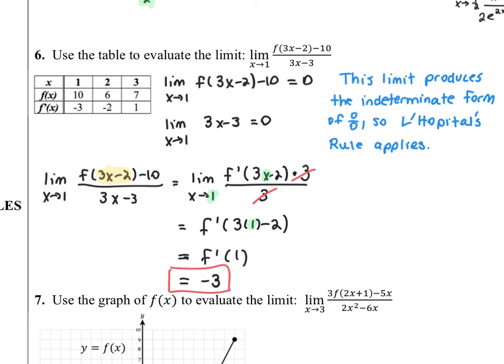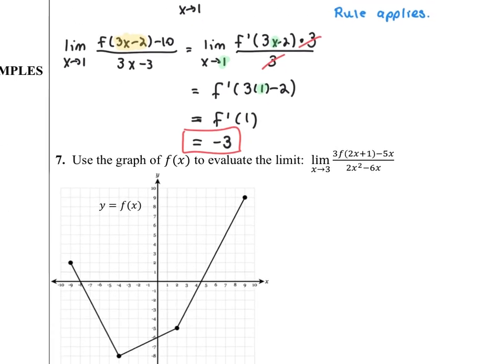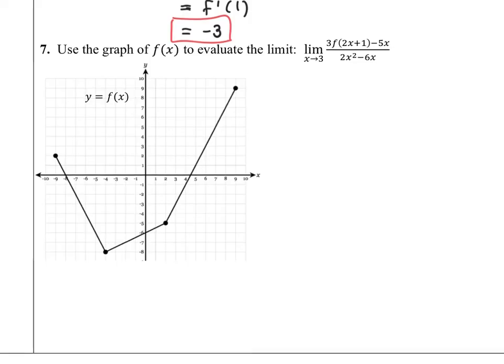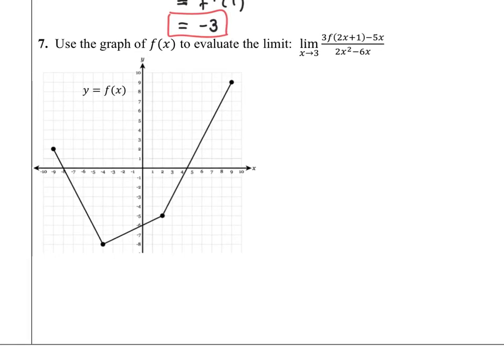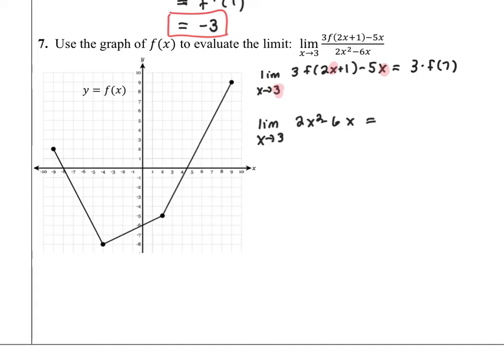And our last example here is going to show you how to use L'Hopital's if your information is given to you as a graph. But we're going to start it like we did all the other ones, a separate limit for the numerator and for the denominator. When I plug my 3 into my function here for my x's, I get 3 times f of 7 minus 15.